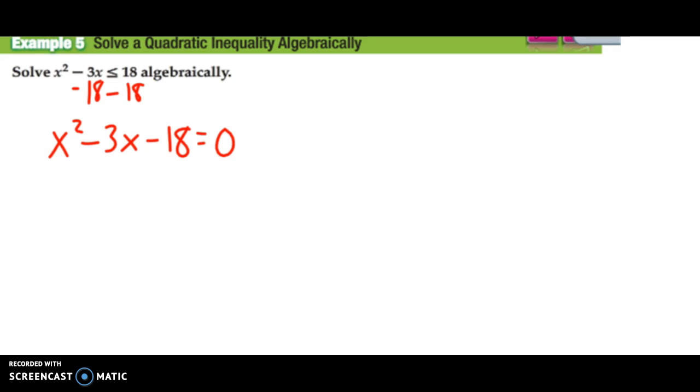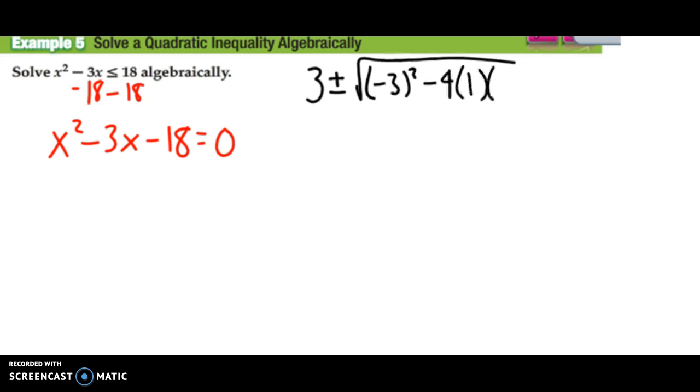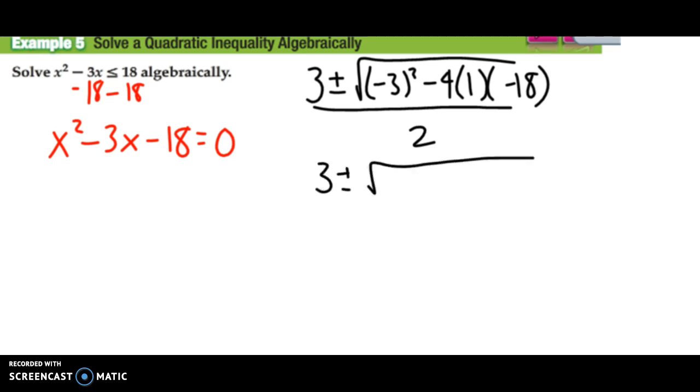So we'd get 3 plus or minus the square root of negative 3 squared minus 4 times 1 times negative 18, all over 2. So that's really 3 plus or minus the square root of 9 plus 4 times 1 times 18, which is 72, all over 2.